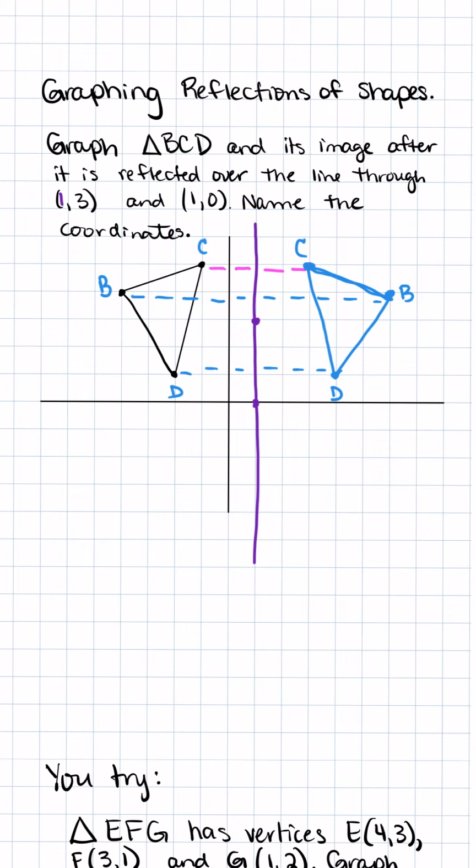The important thing is we don't look at the line of reflection. We've got to go back to looking at here's our Y, here's our X. Okay, so let's identify B first. So that's going to be 1, 2, 3, 4, 5, 6.